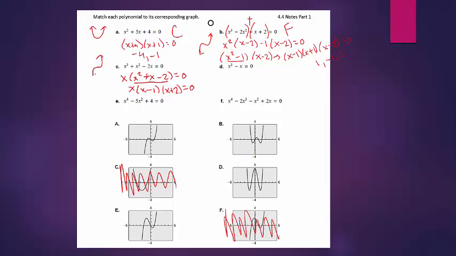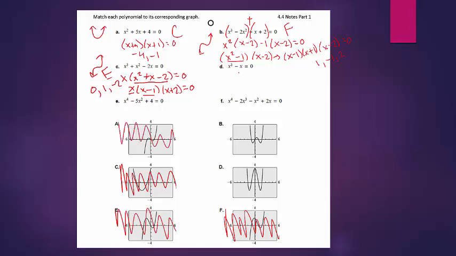It's still going to look something like that, but it's going to have 3 x-intercepts, 1 at 0, 1 at 1, and 1 at -2. So if you try to look between letters A and E, since those are both cubic, it looks like it's going to be letter E. You can double check, but we have an x-intercept at 0, 1, and -2. So E goes with C.